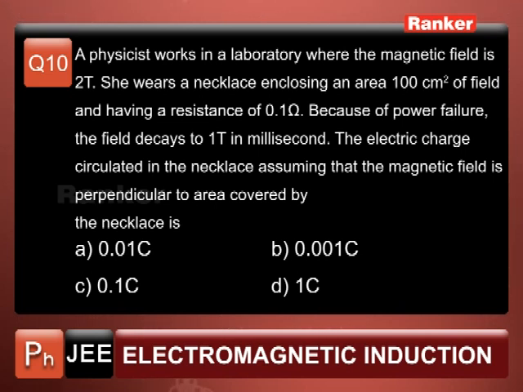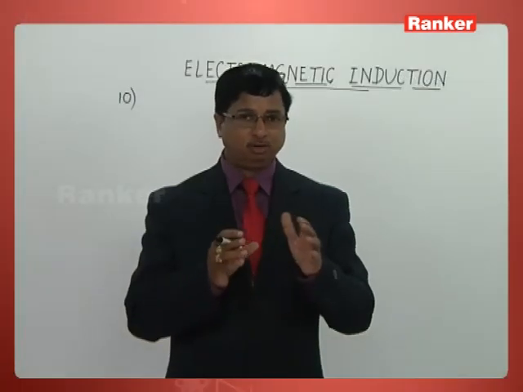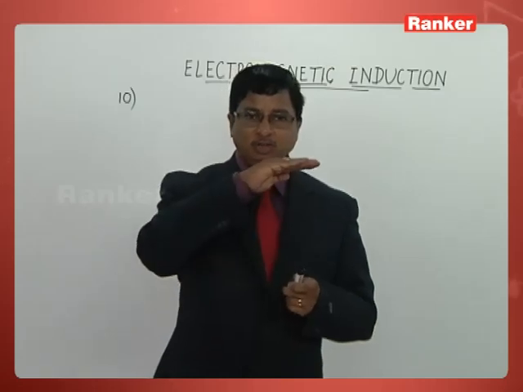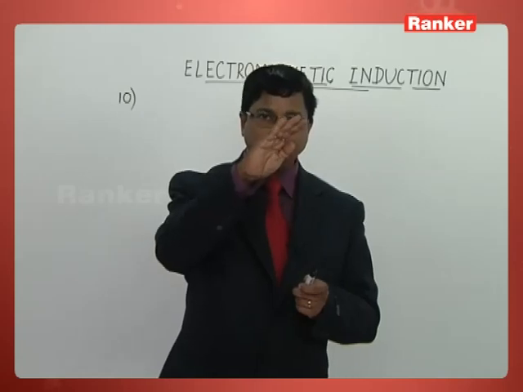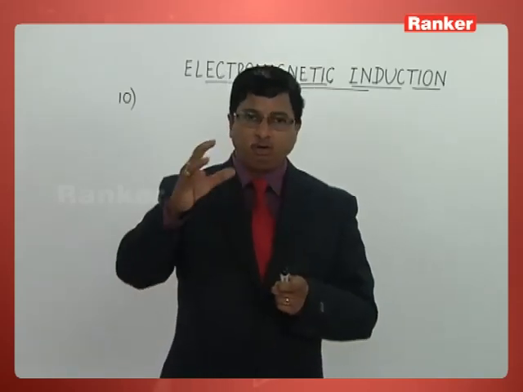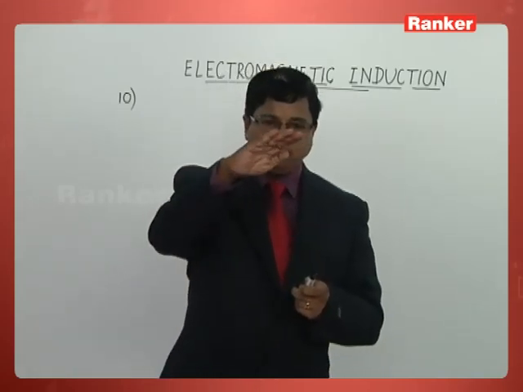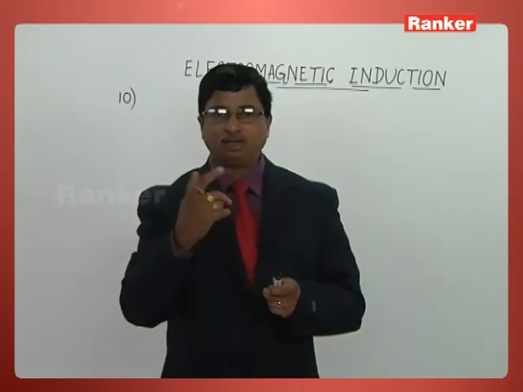Because of power failure, the field decays to 1 Tesla in 1 millisecond. So what is that? You can understand here. 2 Tesla is the original or initial magnetic induction of the field. Due to power failure, 2 Tesla has come down to 1 Tesla by decaying.